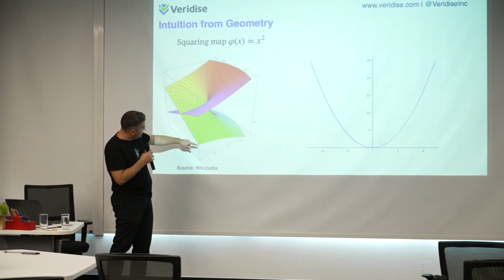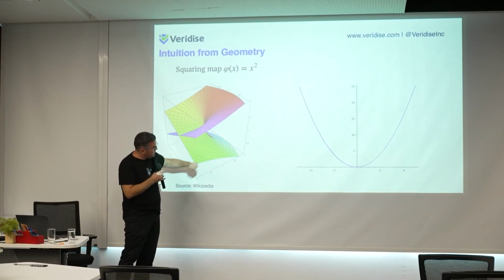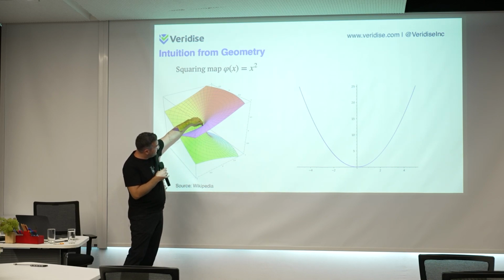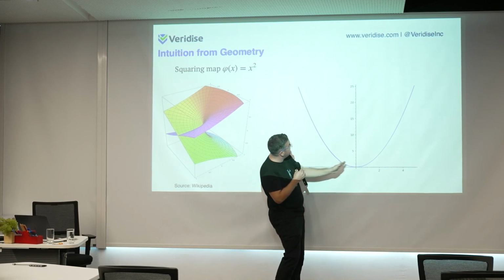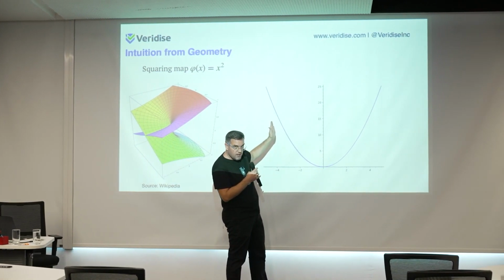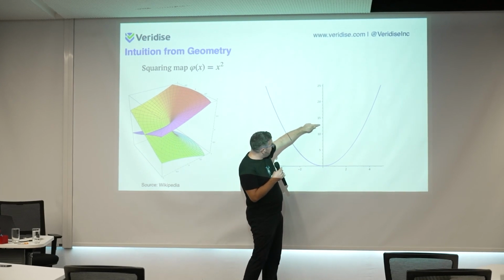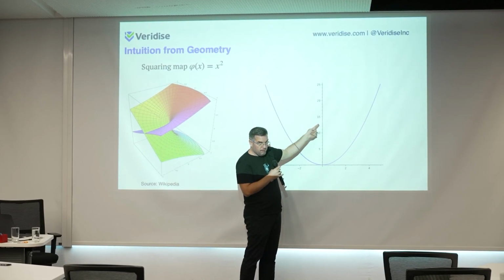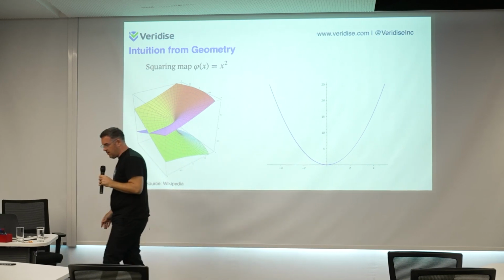Over each point in the complex plane, you have 2 points mapping down to it, except the origin, which will have only a single point mapping to it. Here you should think of the curve y equals x squared. You're mapping onto the y-axis, and for each y value you will have 2 points that map to it. That's how you should visualize the map x squared.